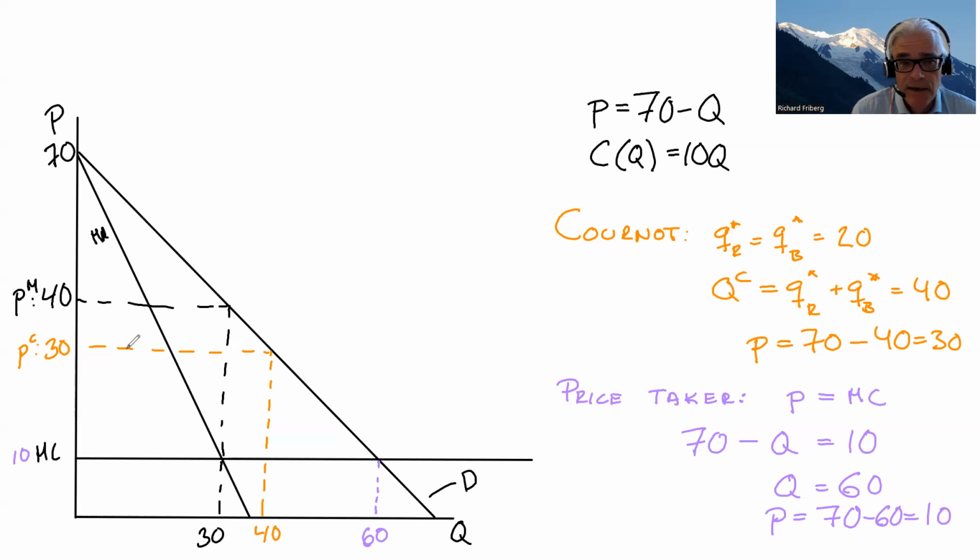And as we document later in chapter 10, one of the appealing features of the Cournot equilibrium is that we can look at more firms than two, and as more and more firms are added, the price tends to the price-taking price, the perfectly competitive price. Okay, so that's it for the comparison.